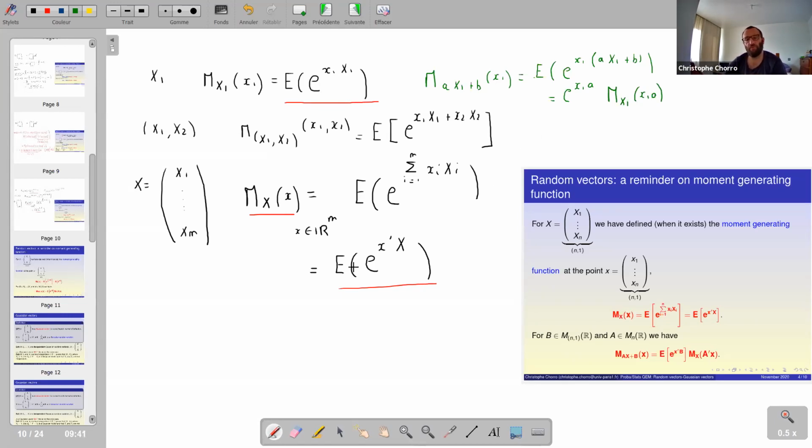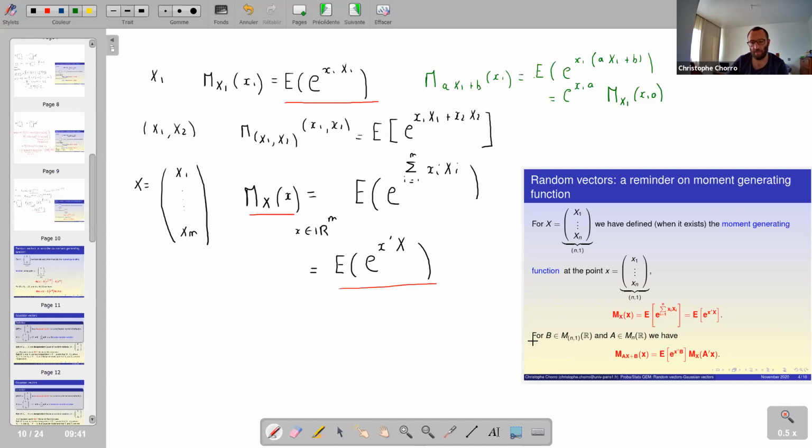And in fact, I can prove that in this situation, I have exactly the same thing, but of course, I have to adapt my notation. So consider that you have b, that is a vector of size n, a column vector with n lines, and a, that is a square matrix of size n.